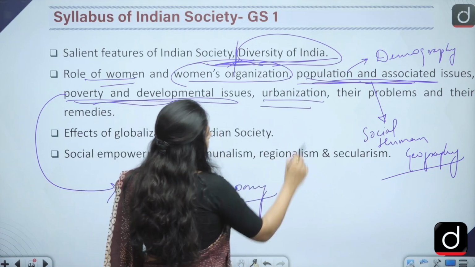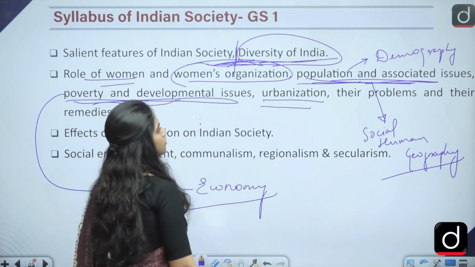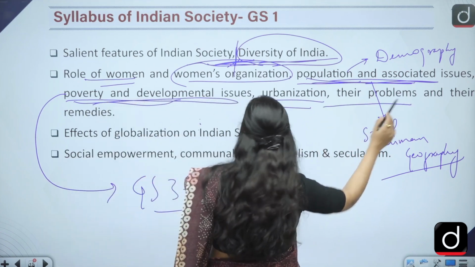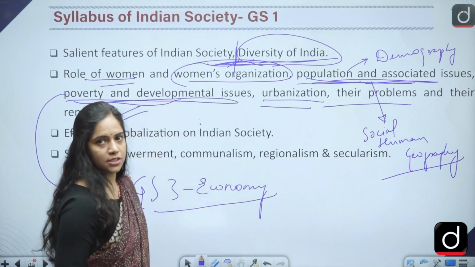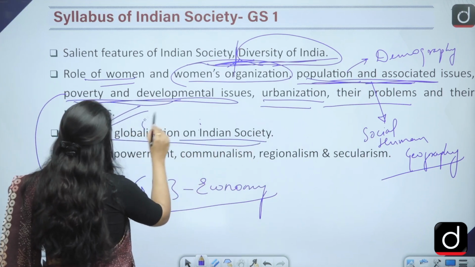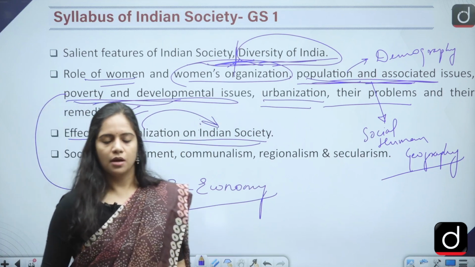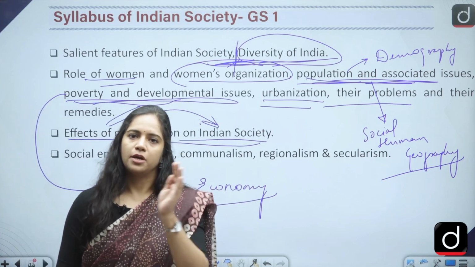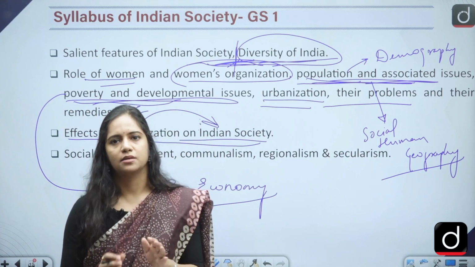Urbanization, again it seems like a question of GS paper 3, that is economy, but it is part of society. Urbanization, their problems, their remedies. Effect of globalization on Indian society. See, the syllabus is very clear. It is asking for the impact of globalization on Indian society, not Indian economy. That is part of paper 3. So this is how you understand syllabus.